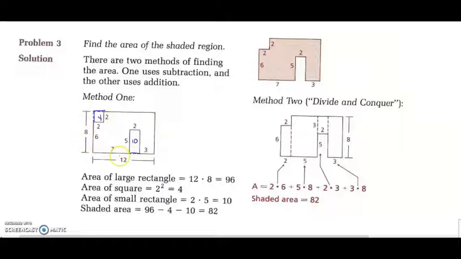You can either make one big rectangle and subtract off those parts, or you could cut that shape into a bunch of little rectangles. If you do that, don't go in a bunch of different directions. Just keep it as simple as possible.